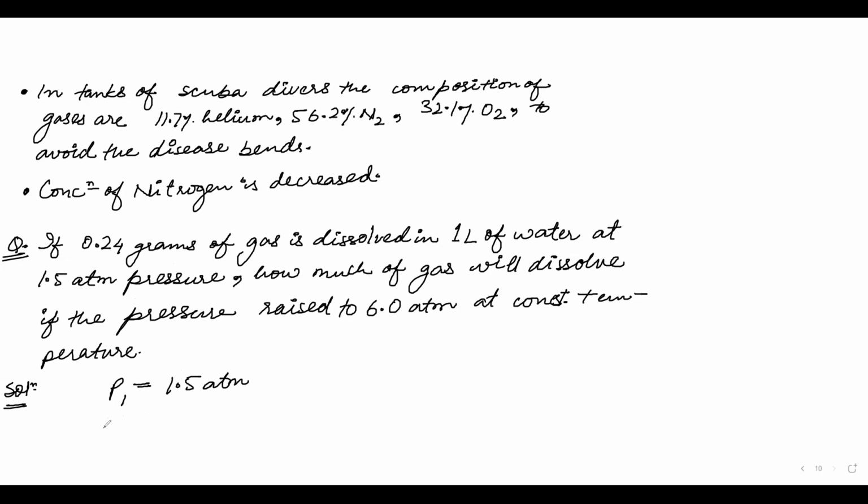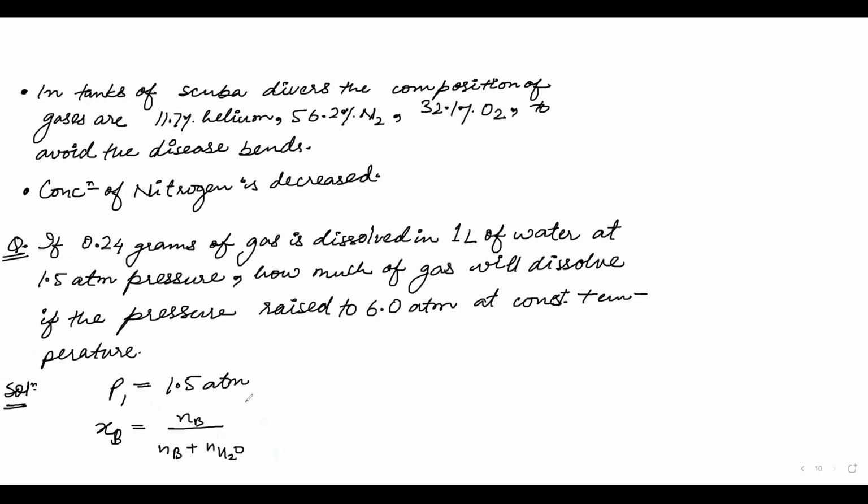Now I can write solubility is equal to 0.24 grams. Or rather, the number of moles, I can write chi B, which will be equal to nB upon nB plus number of moles of H2O.